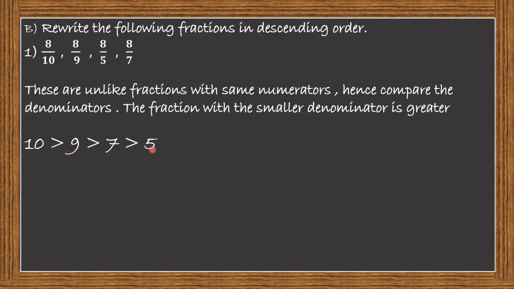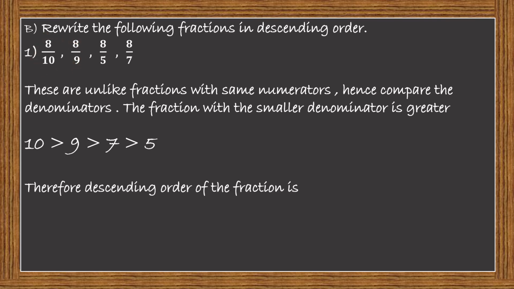So which one will be the greater? The fraction with the smaller denominator. The smaller denominator is 5. So 8 upon 5 will be the greatest one. And after that, which one is the smaller? 7. So after 8 upon 5, 8 upon 7 will come, and then 8 upon 9 will come, and then 8 upon 10 will come.